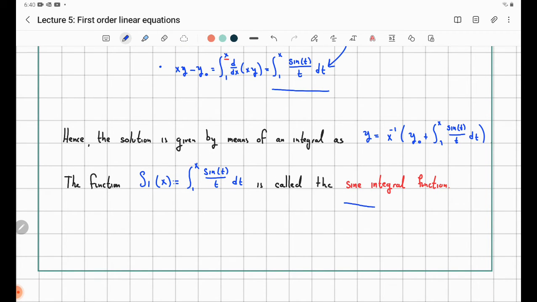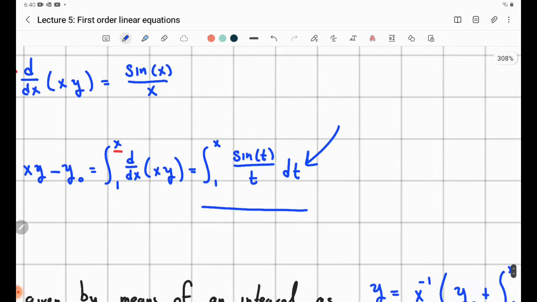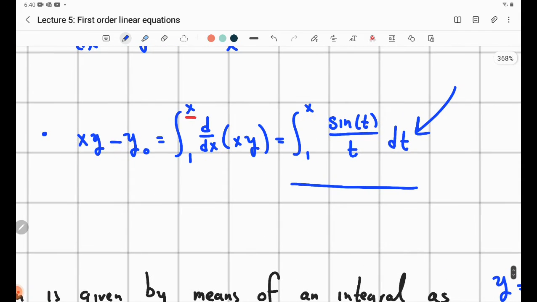So this new function, the sine integral function, is by definition given by the corresponding expression. We can just give it a name. We call it the sine integral function, or you can think that the implicit relation that we found at the end is just given in terms of the integral of something.